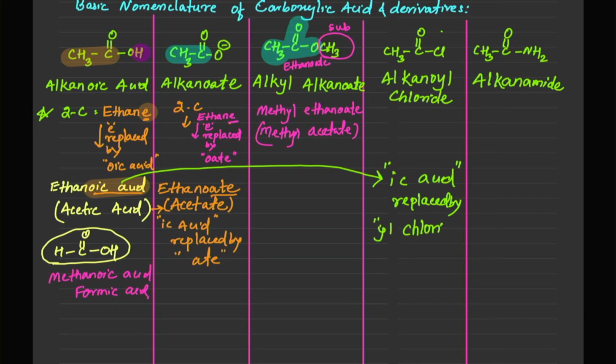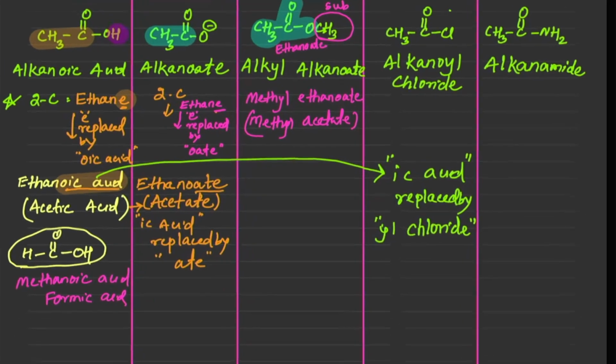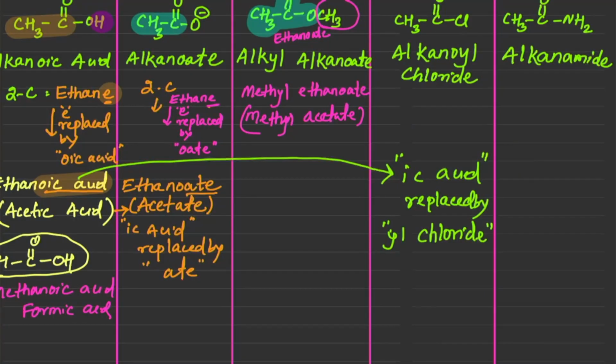Again, it doesn't have to be chloride, it can be bromide, or so basically yl halide. So yl chloride. So what would be the name would be ethanoyl chloride. So you got ethanoic. The ic acid is replaced, so ic acid is gone, so it's going to be ethanoyl chloride. Okay, I'm running out of space. So this is 2 words, by the way, ethanoyl chloride.